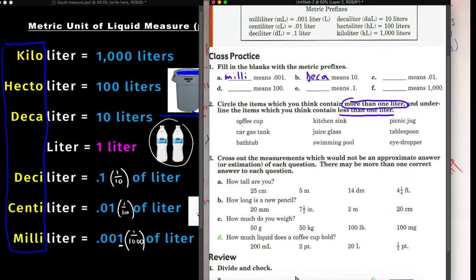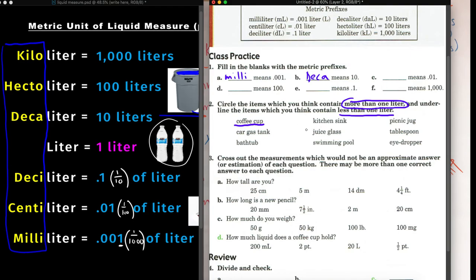Do you think the liquid in a coffee cup will equal more than 1 liter or less than 1 liter? Is it more than the liquid we have in 2 water bottles, or less? Probably a lot less, right? So we would underline this, because a coffee cup obviously has less liquid than 1 liter.